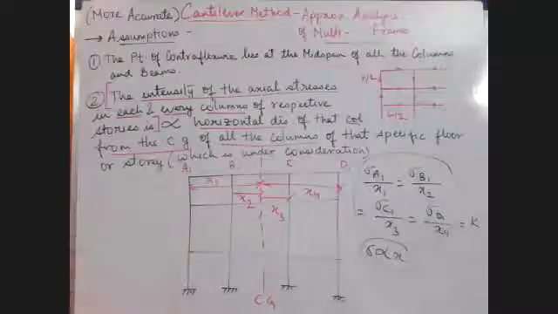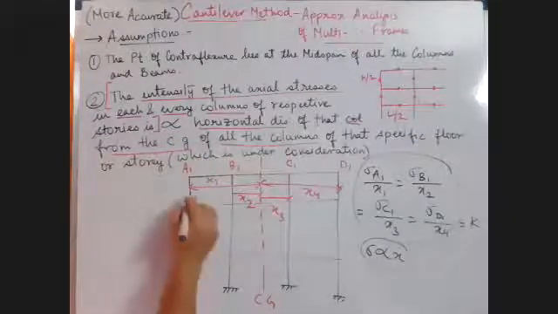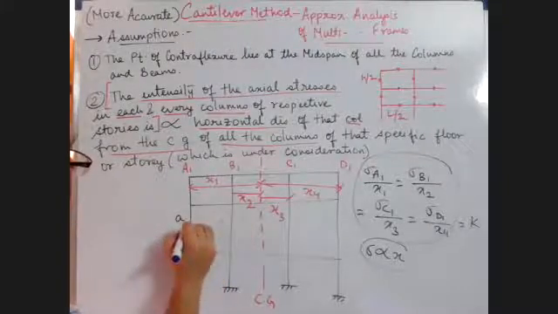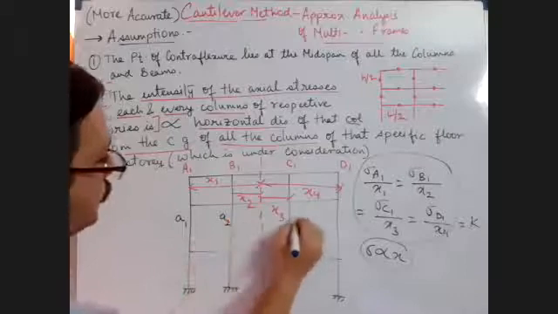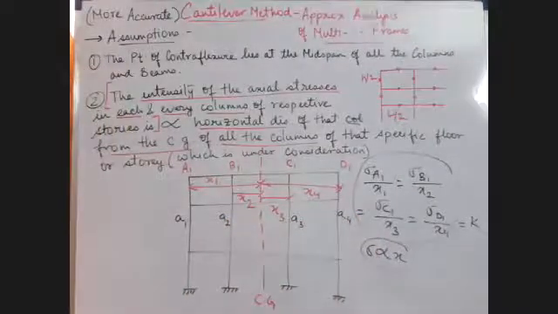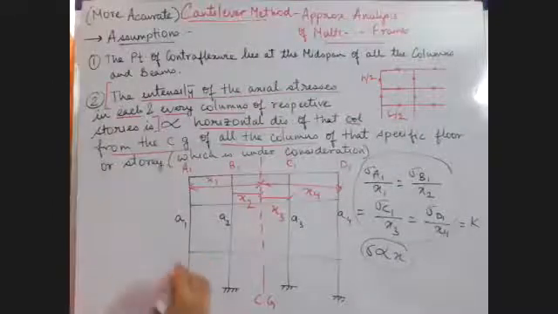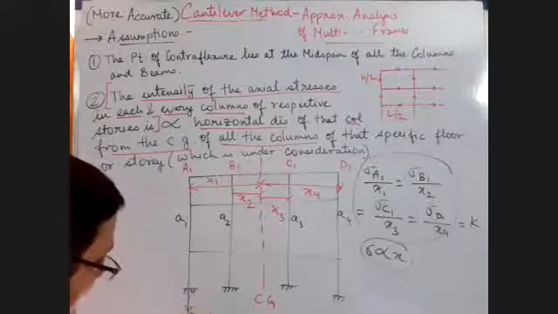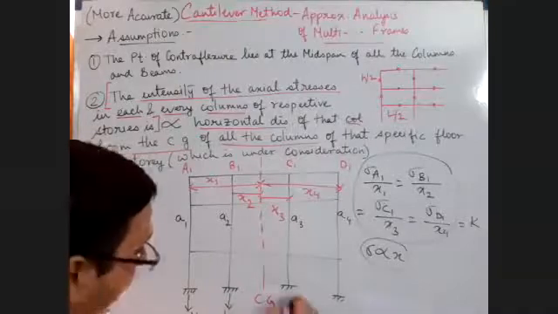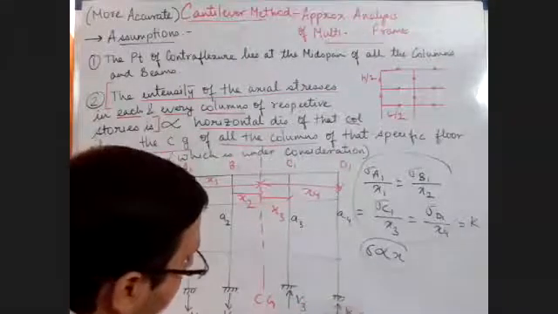For area, let me take column A1 as small a1, then a2, a3, a4. We will see that the axial forces to the left of CG will be tensile, and axial forces to the right of CG will be compressive.